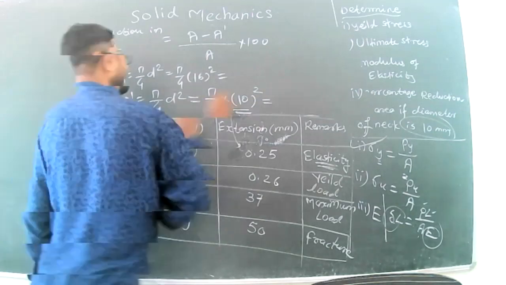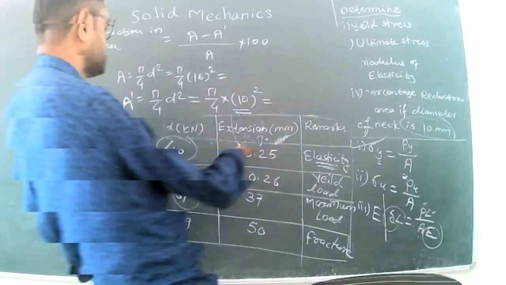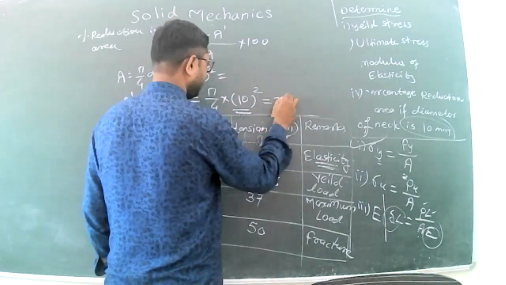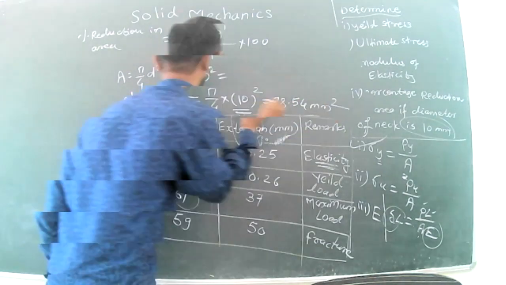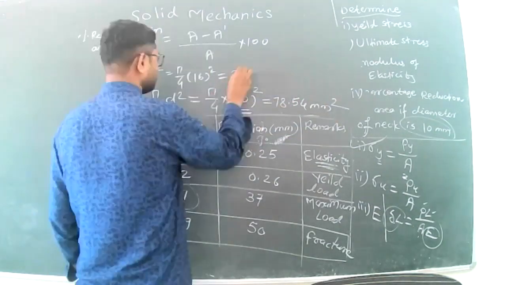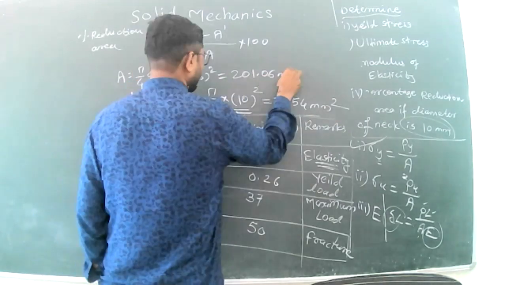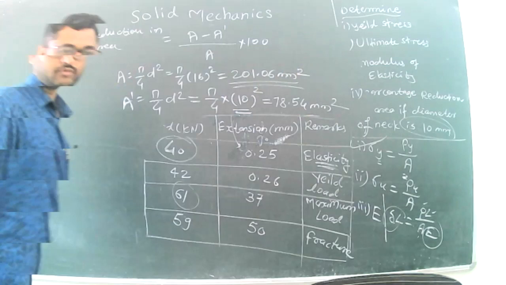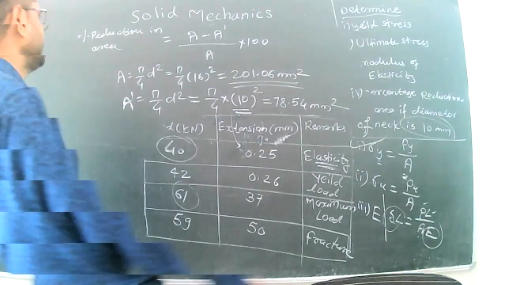By calculation we get reduced area A dash equal to 78.54 mm square, and the original area is 201.06 mm square, that we have already found.